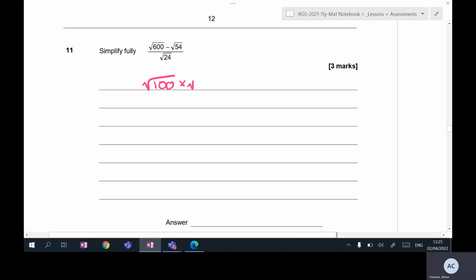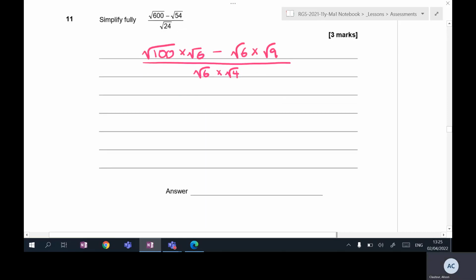So I'm going to choose root 100 and root 6 for 600. And then I've got root 6 and root 9 for 54. And root 6 and root 4 for 24.